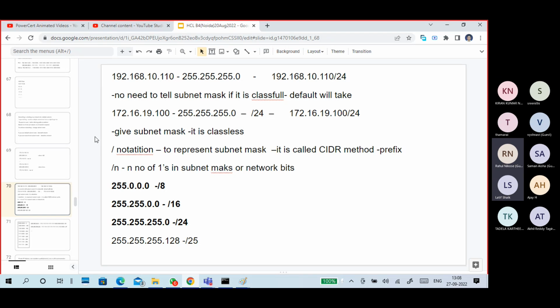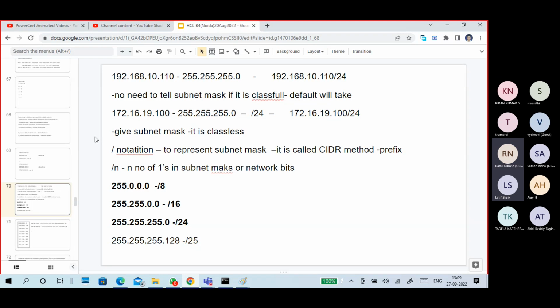Even though you are using default subnet mask, in certain applications or configurations, you have to write the complete subnet mask. In some places, you have to give only slash notation, like a prefix, slash notation, CIDR, whatever the word it is.